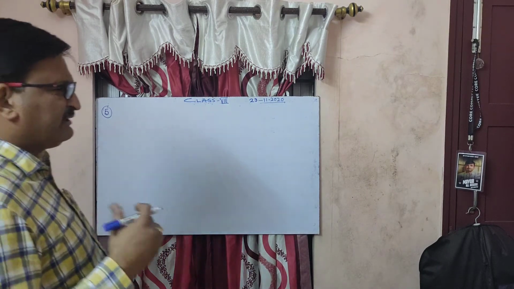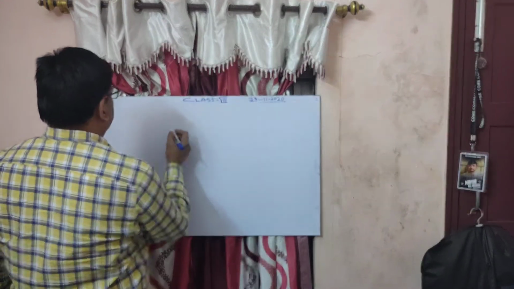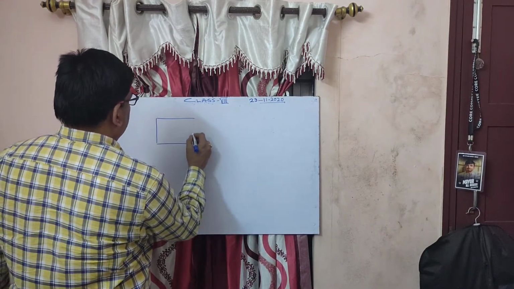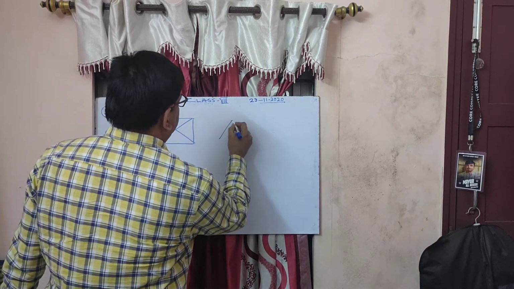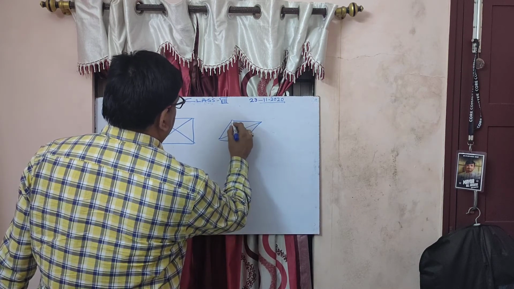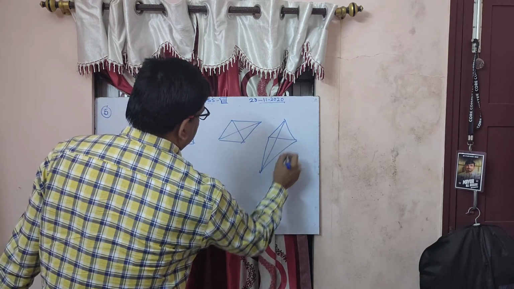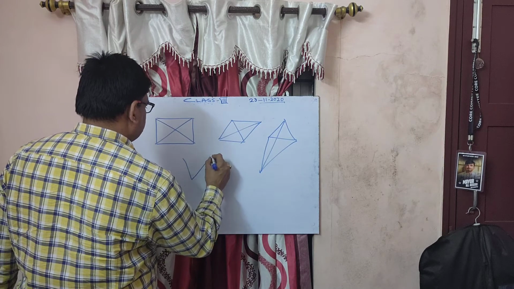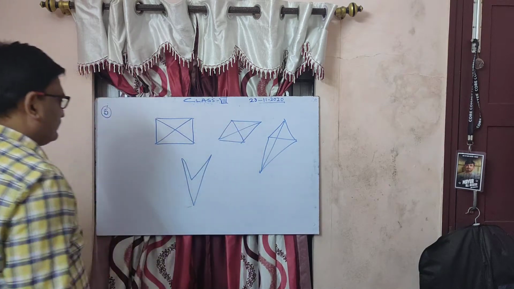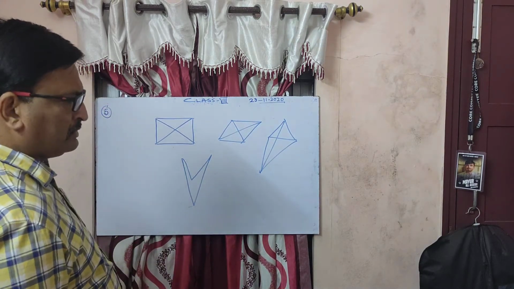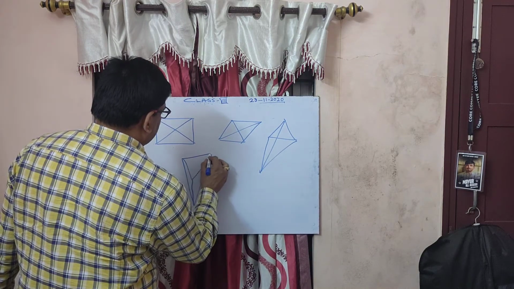Now, first of all, you need to remember what is convex and concave. For example, where are the diagonals? The diagonals are inside, okay? If the figure is like this, where are the diagonals? Diagonals are inside. Now, if the figure is like this, this is a diagonal, accepted, and this is also one of the diagonals.